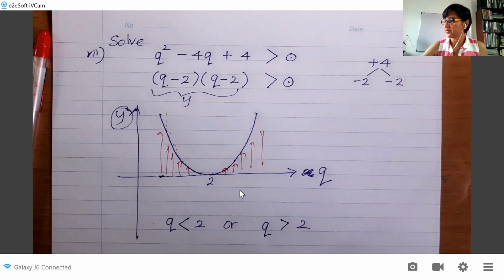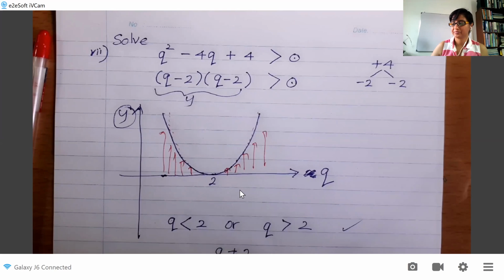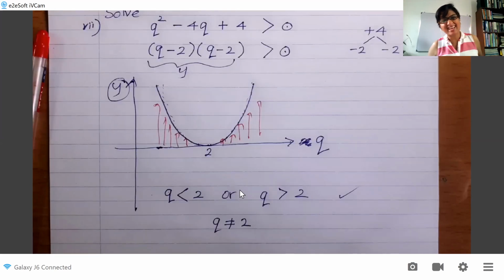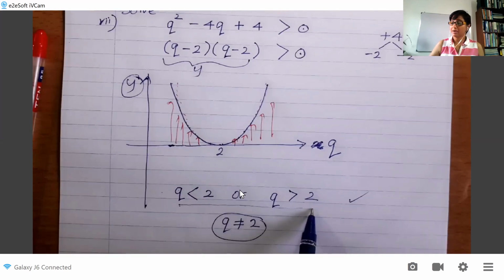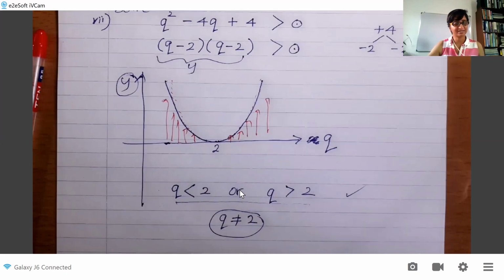So you can write it like that too. You can give your answer like that. But you can just say q is not equal to 2, which means it can be anything other than 2. When you say it cannot be equal to 2, that means it can be equal to anything else. So this is a smart way of saying the same thing. But if you have written like that, that is correct too.